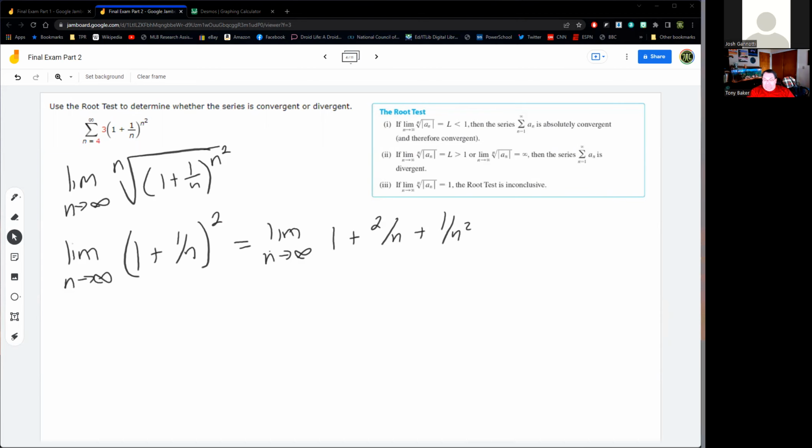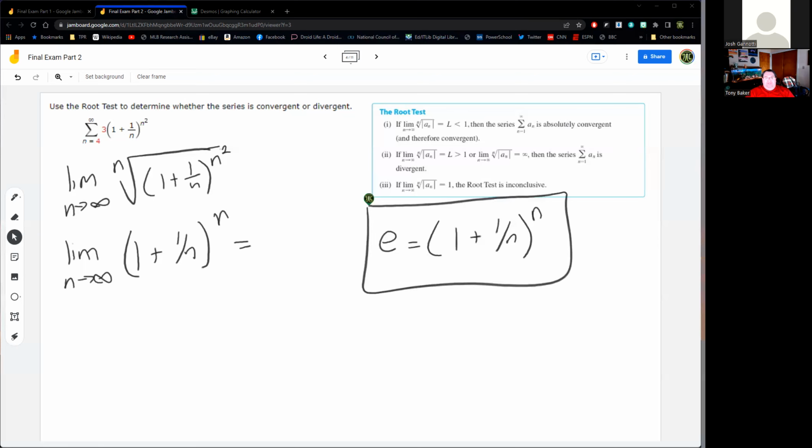We don't have to FOIL it out. This is that special one. So this is that. That's why it's to the n. Remember, I had that one. It was e equals the limit of 1 plus 1 over n to the n.